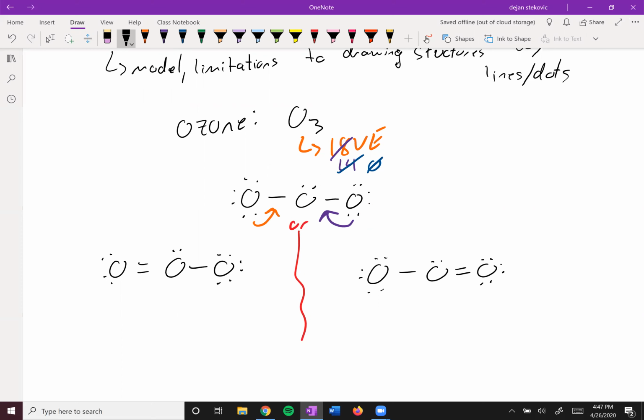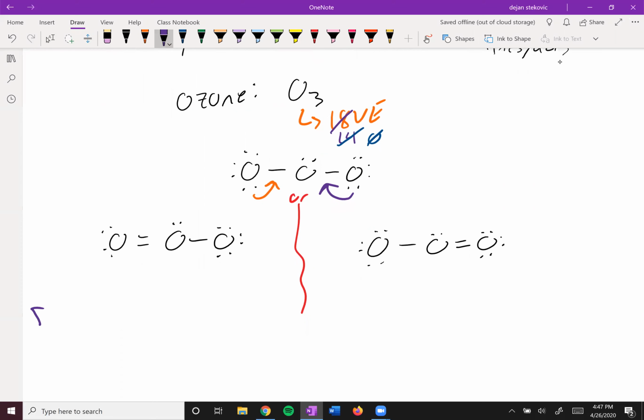Cool, so there's our structures, and if we take a look at the formal charges, go ahead, pause the video, find out the formal charges. We can see that on this structure, the center oxygen is positively charged, and this outer oxygen is negatively charged, while the one on the left is neutral.